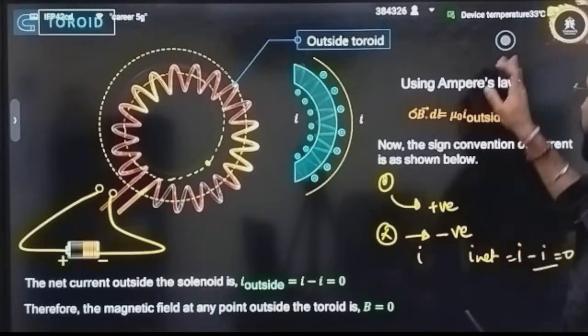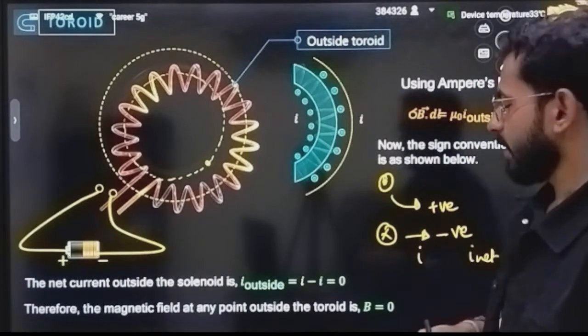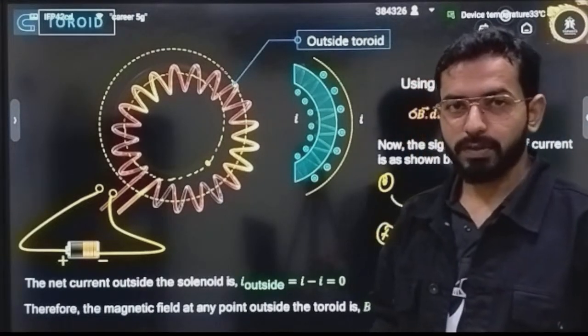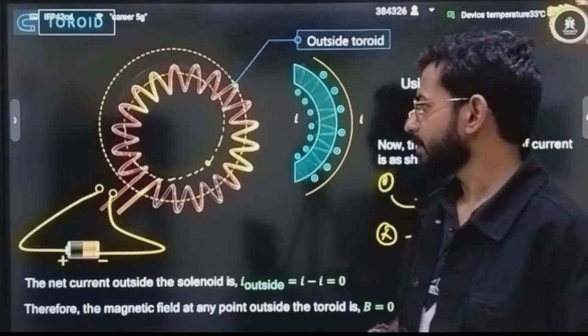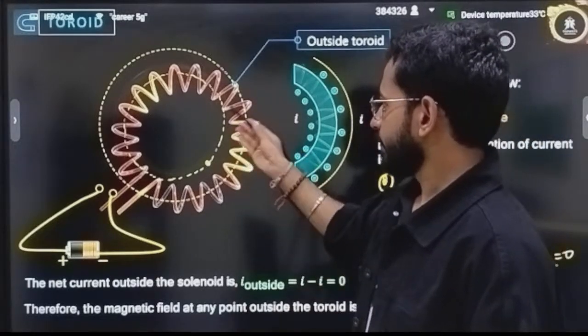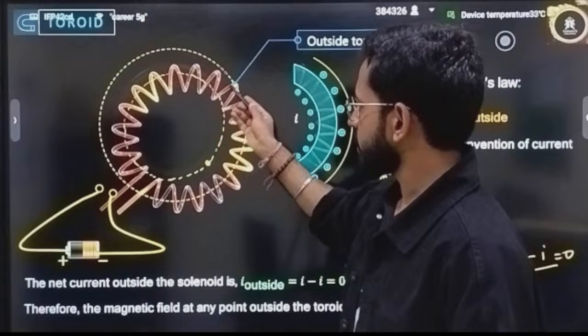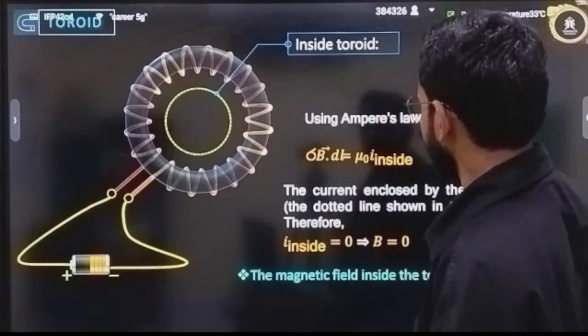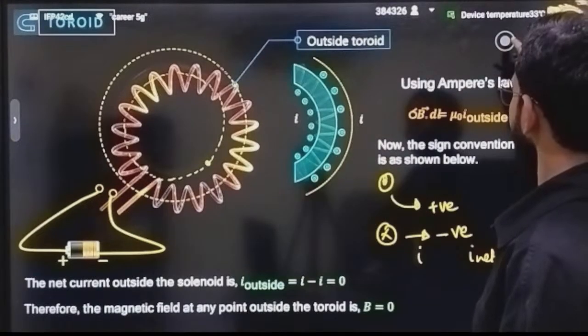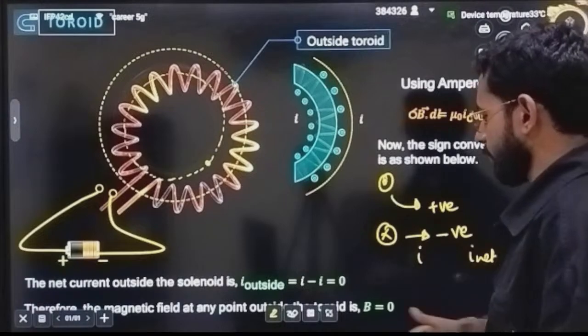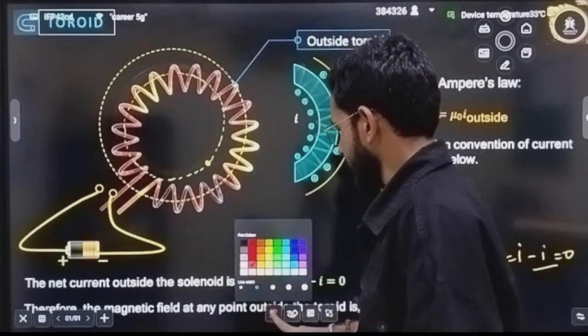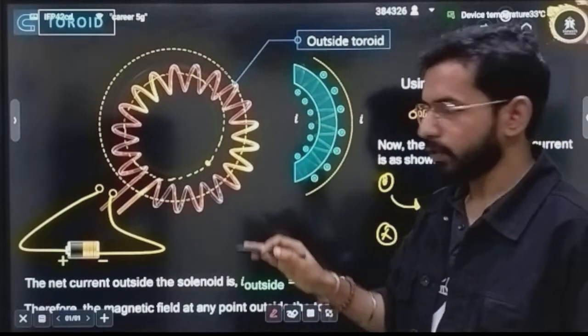Outside portion. Now what if I tell you that for the outside portion it also equals 0? How will I tell that? See, this is a toroid. If you are watching from this cross section, this is the way the current is moving. See, this is how the current is flowing.